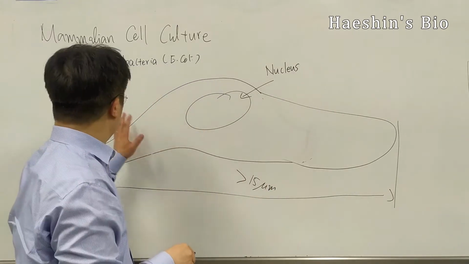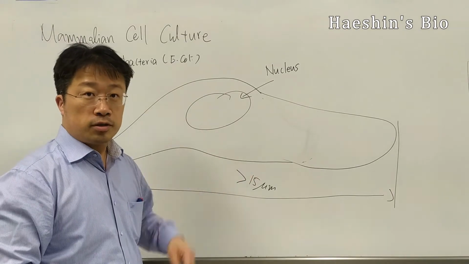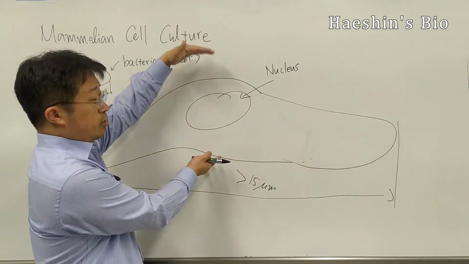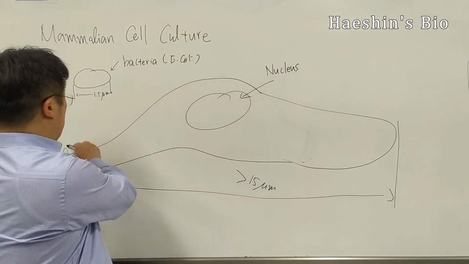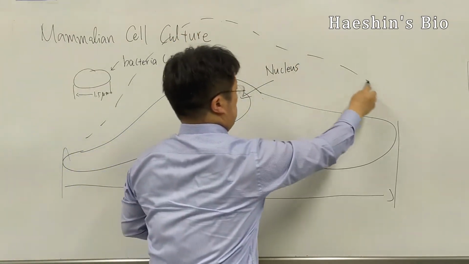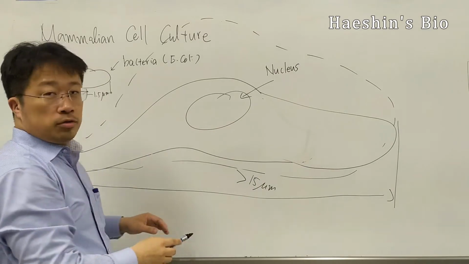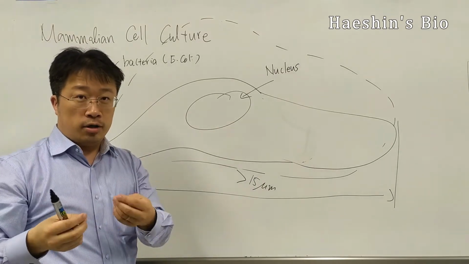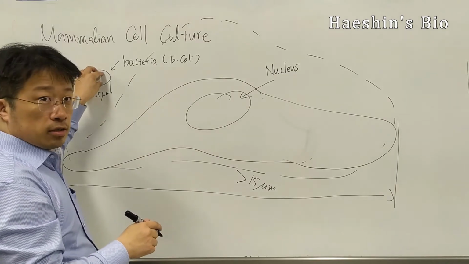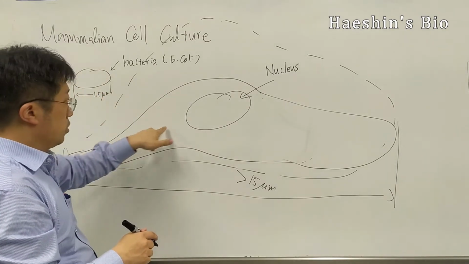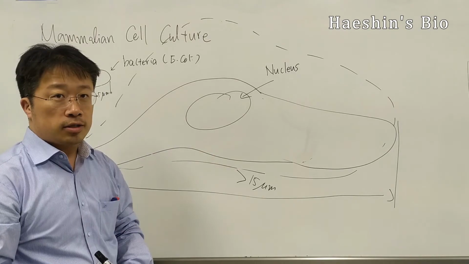That is like a 10 times difference. Of course, the height should be thicker than this. If this is the overall size of a mammalian cell in our body, then the bacteria is about this size, or even smaller.